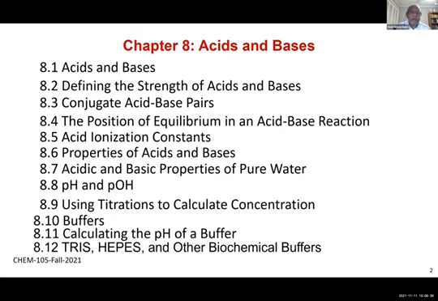The pH of blood is mainly affected by bicarbonate. Carbon dioxide dissolved in blood produces bicarbonate ion. So therefore, it acts as a buffer for blood pH.